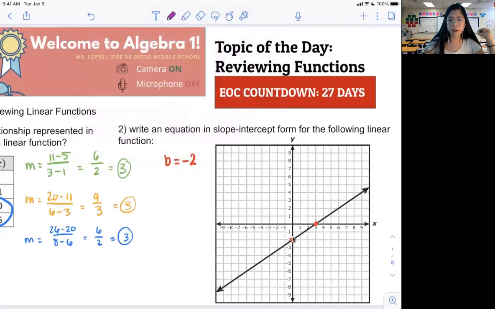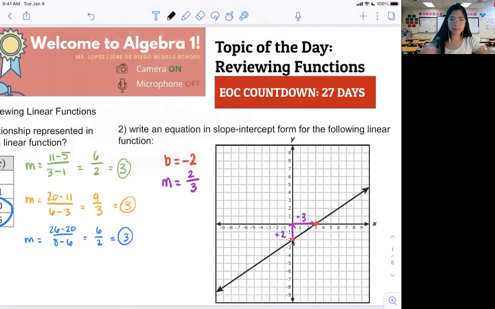Now I find my rise and my run. And remember, I'm going to go from this one to the next one. So if I start here, I have to go up how many units? Good, up 2. And then how many to the right? 3 to the right. Since I'm going up and to the right, both of those are going to be positive. So my slope, rise over run, would be +2 over +3.